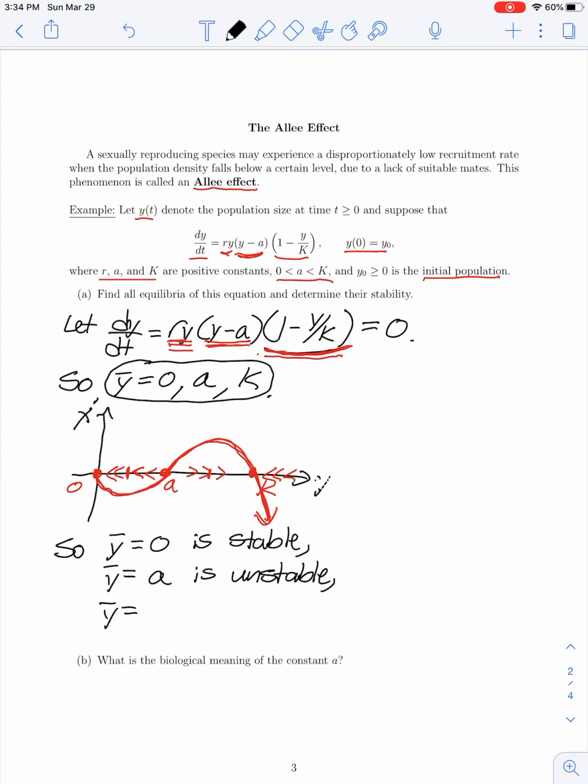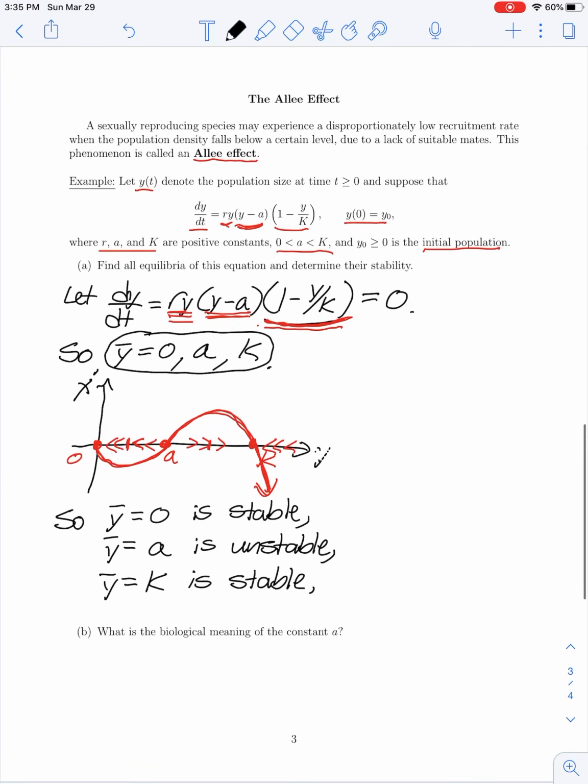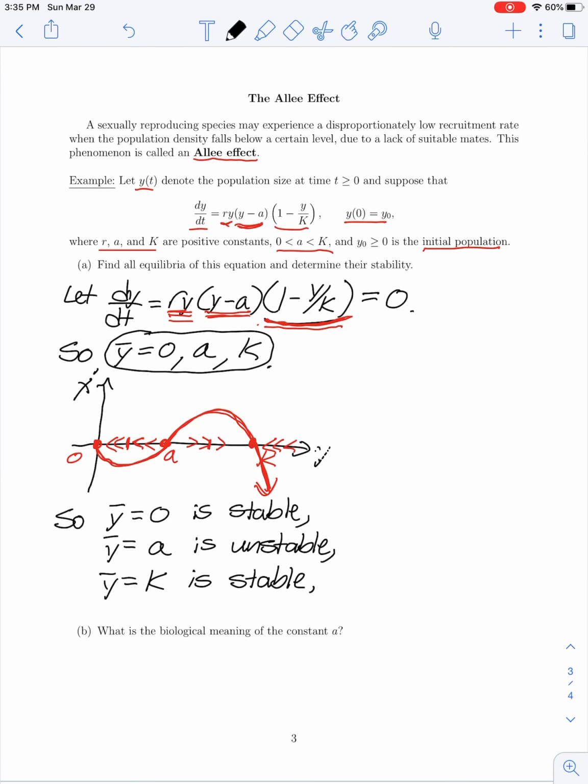The equilibrium a is unstable. And the equilibrium k is stable. So what we find here is that there are two stable equilibrium solutions, either 0 or k. One of these represents population extinction, the 0 equilibrium, and the other value, y equals k, would represent survival of the population approaching the carrying capacity k.